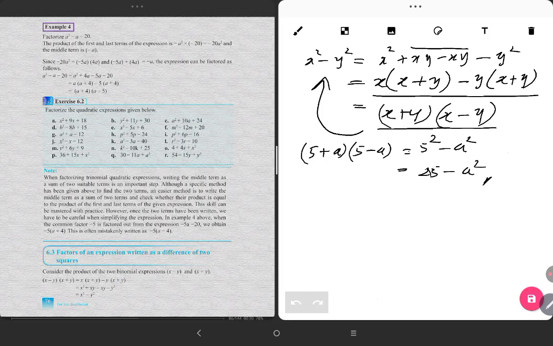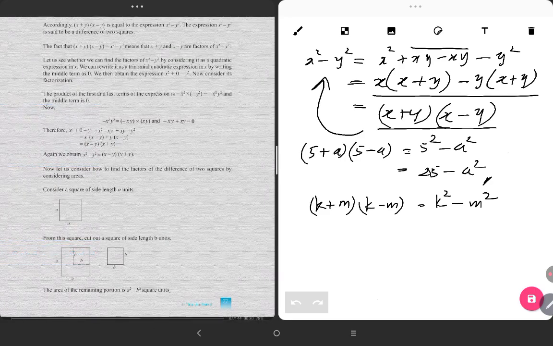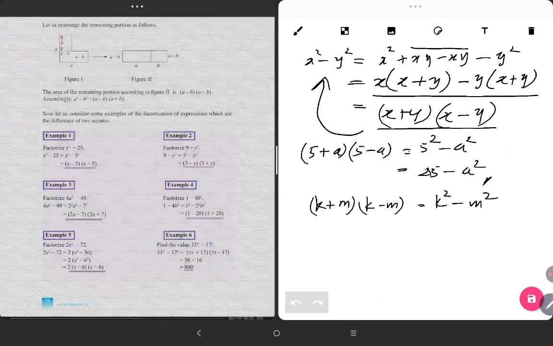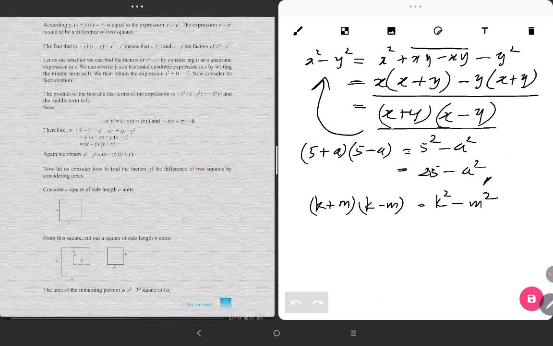And if somebody gives you k plus m, k minus m, then you should know this is equal to k square minus m squared. Okay, so that's what it means. To find these numbers geometrically, try this square method and see. I will leave that to you as an exercise if you want, but we can try to do that.